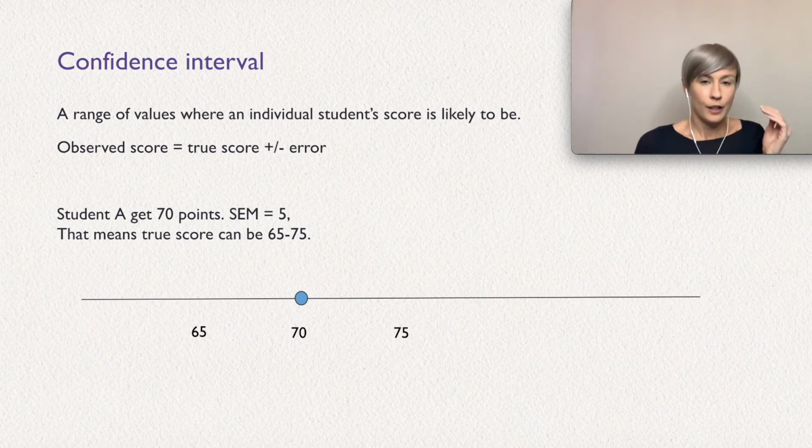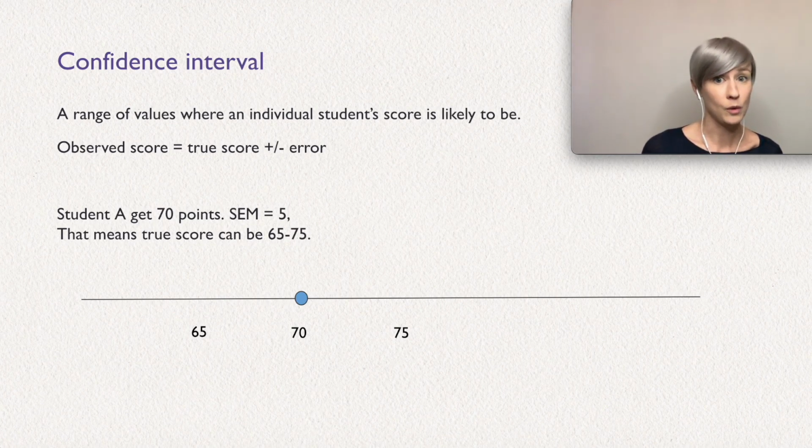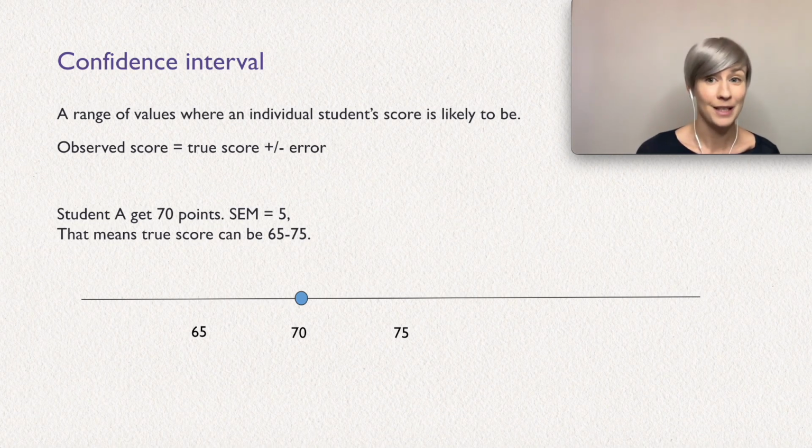Now let's talk about a confidence interval. This is a range of values where an individual student's score is likely to be. So let's say we have a test that has a standard error of measurement of 5, and student A gets 70 points on their test. We know that their observed score, 70 points, is their true score plus minus the error, and the SEM is 5.